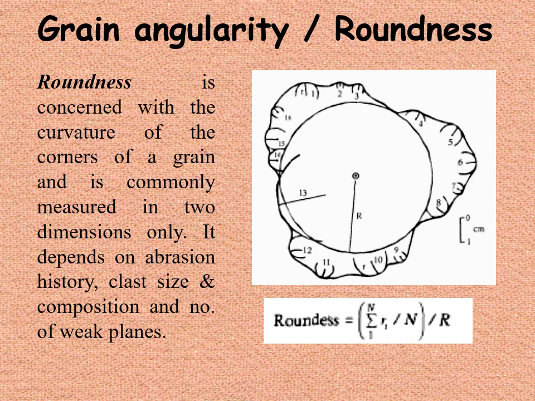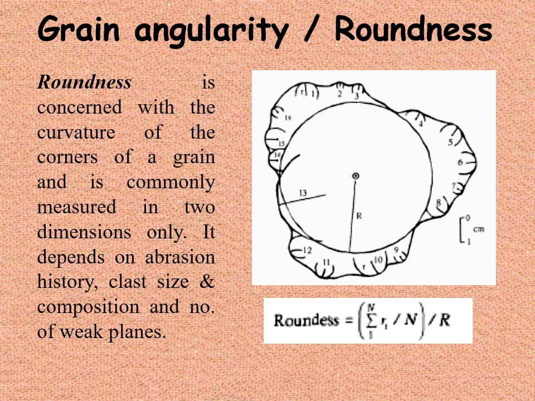So the summation of all these small circles' radii which occur along the corners of the grain, divided by the total number of countings, that is summation of r with sigma n by total number of countings. This value is put in the numerator and this is divided by the capital R.